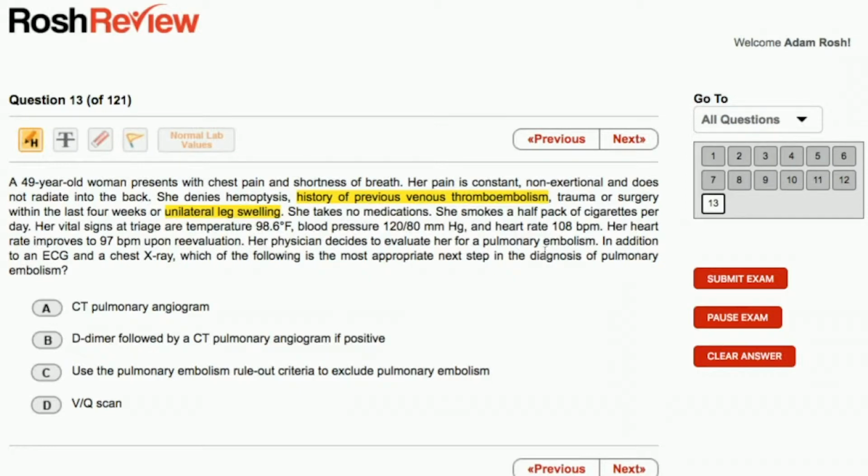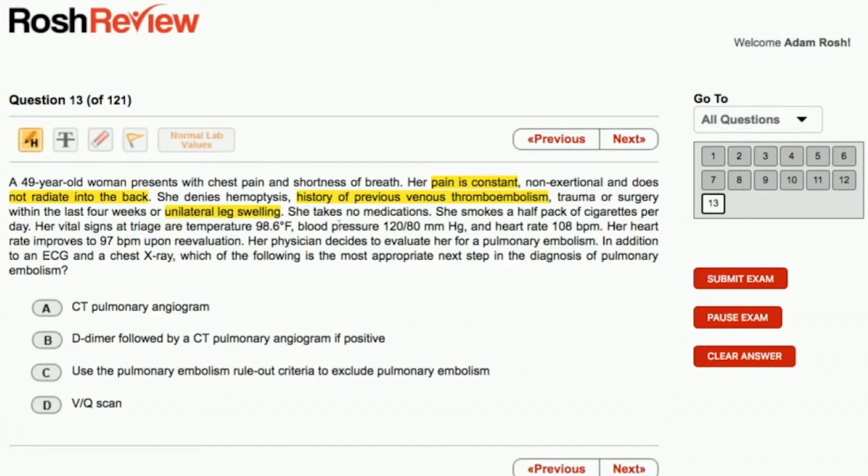The other twist in this question is that the pain is constant and does not radiate to her back. We always think about an aneurysm or a dissection, really, thoracic dissection of the aorta when chest pain radiates into the back. Okay, so let's decide on how we are going to choose the appropriate diagnostic study here.